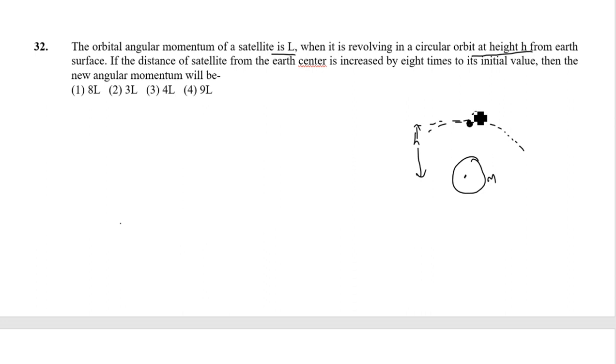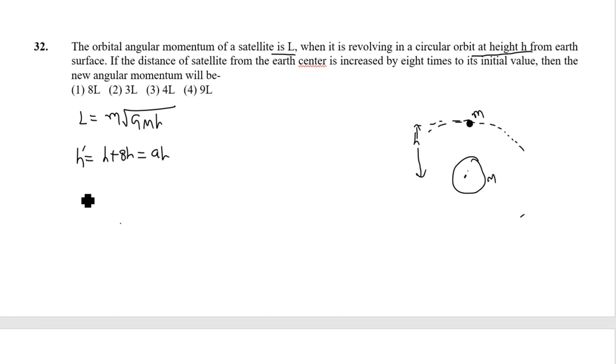Now we know the formula of angular momentum: L is small m, the mass of the satellite, into root over of capital G, the universal gravitational constant, into capital M, the mass of Earth, into the height with which the satellite is revolving around this Earth. Now the height becomes 8 times more, so the new height h dash is h plus 8h, which is 9h.